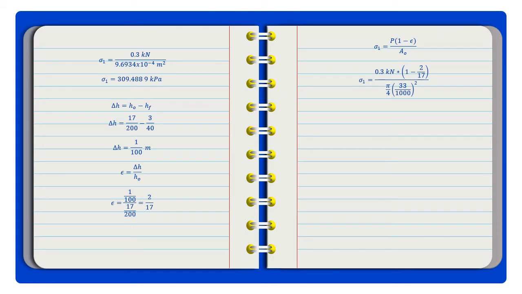That is 0.3 kilonewton times 1 minus 2 over 17 divided by pi over 4 times 33 over 1,000 squared. So, this will give you as well ng sigma 1 is equal to 309.4894 kilopascals. Ito na ngayon yung normal stress natin tsaka yung maximum principal stress or siya rin yung actual deviator stress natin.